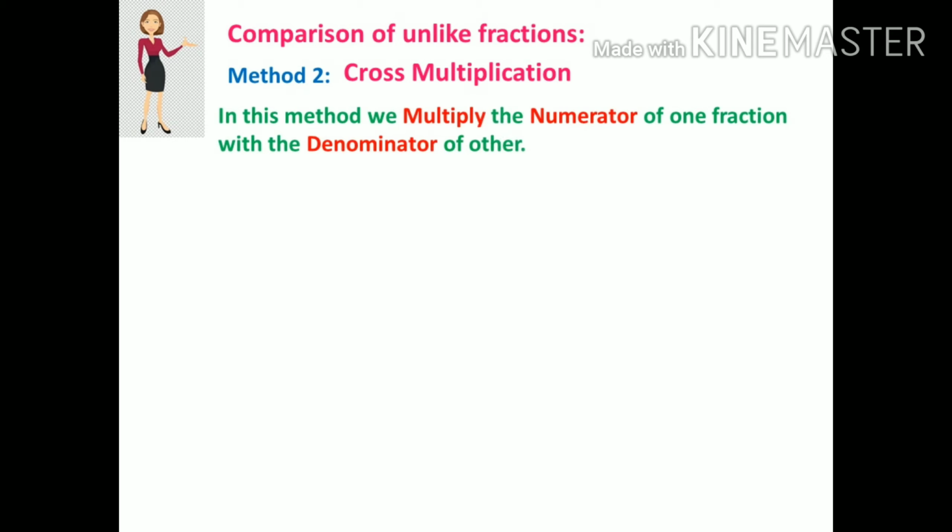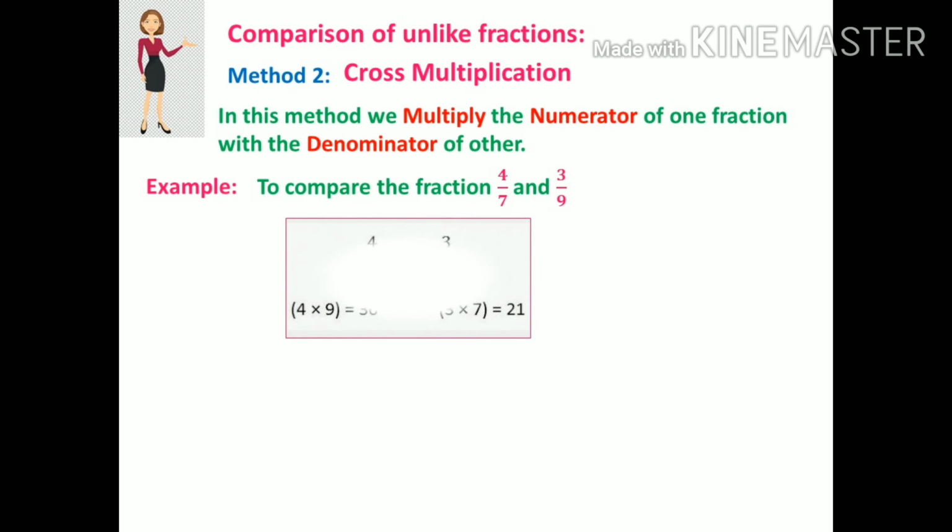Method 2. Cross multiplication. In this method, we multiply the numerator of one fraction with the denominator of the other. For example, to compare the fractions 4 upon 7 and 3 upon 9, we just cross multiply them, which means the numerator of one fraction is multiplied by the denominator of the other.